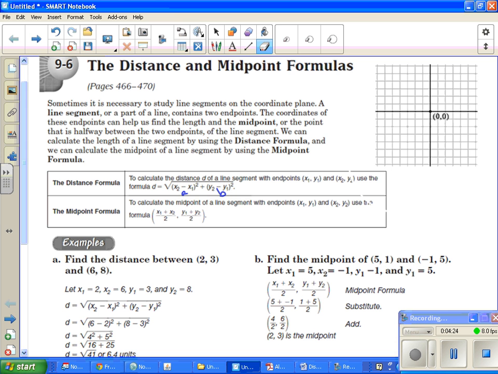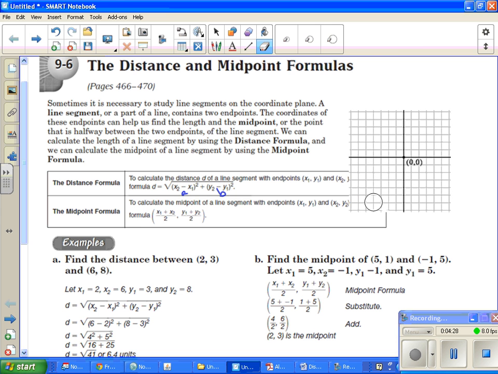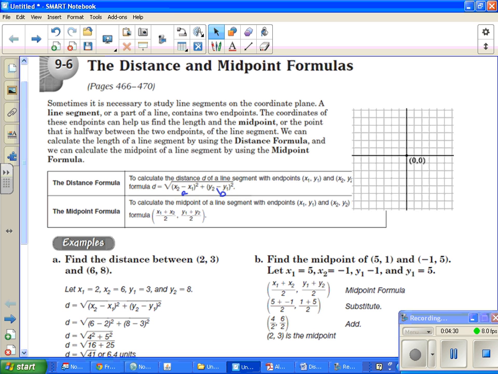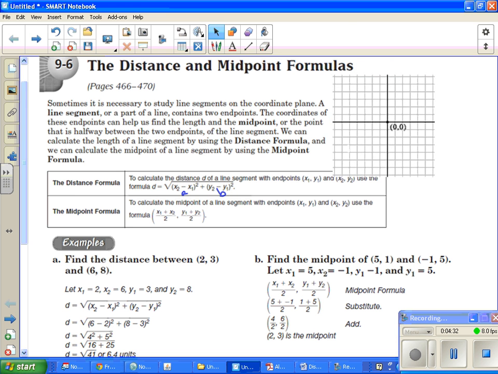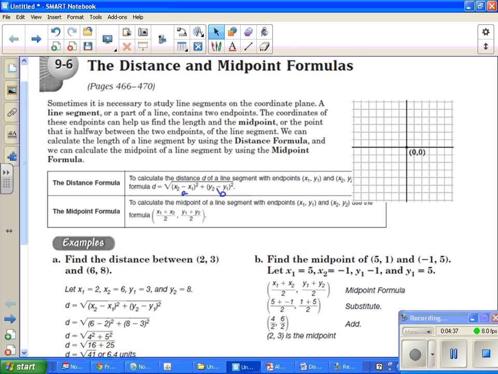I'm going to stretch this out just a little bit. So (2, 3) would be right about here. (6, 8) is going to be 1, 2, 3, 4, 5, 6 across, and 1, 2, 3, 4, 5, 6, 7, 8 up. So there are my two points.